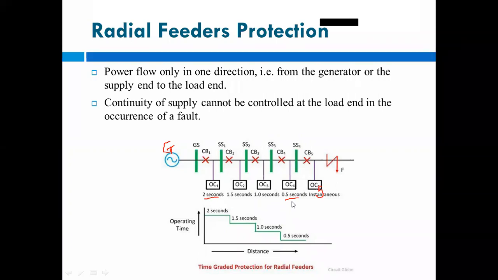Then that relay operates the circuit breaker. What the circuit breaker does is it simply opens the faulty circuit. Actually, the circuit breaker is in normally closed condition, but it opens the circuit.